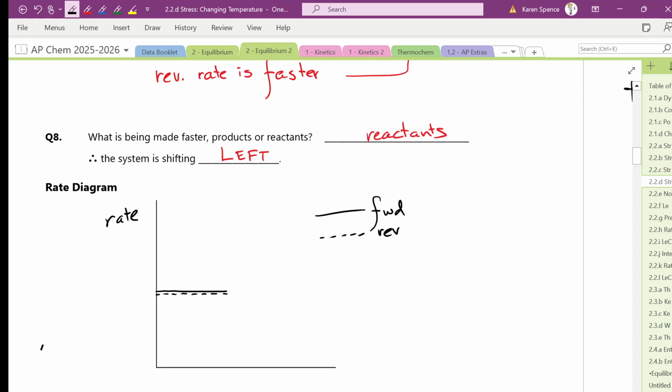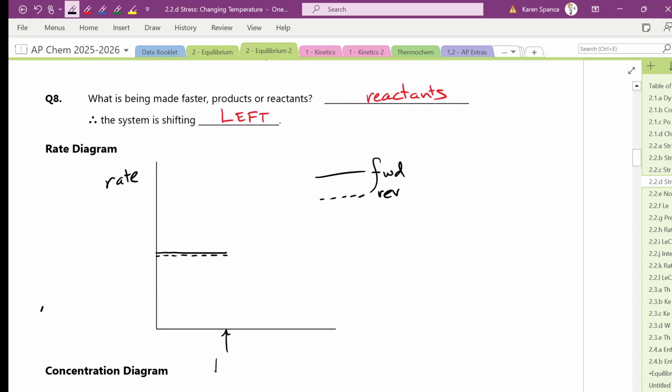Okay, what happens? We have increased the temperature. What happens to our forward rate? Increases. What happened to our reverse rate? It increased more, so up we go.